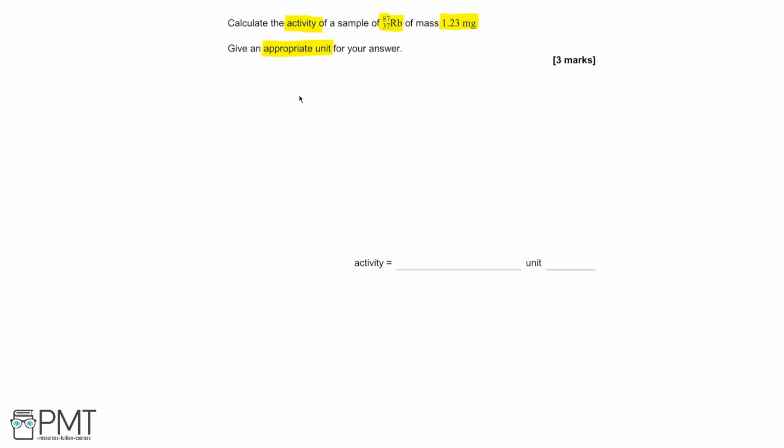In order to answer this question, since we've been asked to calculate the activity of the sample, we should use the definition of activity, specifically that the activity is equal to lambda multiplied by n, where lambda is the decay constant that we've been given earlier in the question as 1.42 times 10 to the minus 11 per year, and n is the number of nuclei.